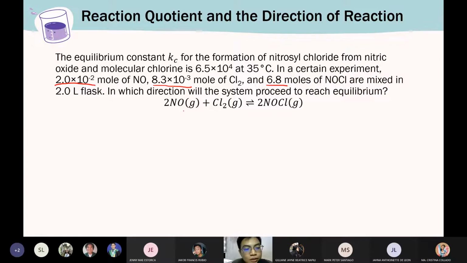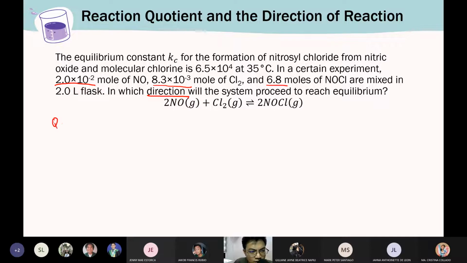Then, ang sumunod na tanong is, saan papunta yung reaction? Which direction will the system go? Okay? So, ganun. Kapag reaction quotient, ibibigay sa'yo initial amount, tapos hanapin mo, saan yung direction? Okay? So, ano gagawin niya? So, gagawin niya, since this is about the direction, always look for the reaction quotient.